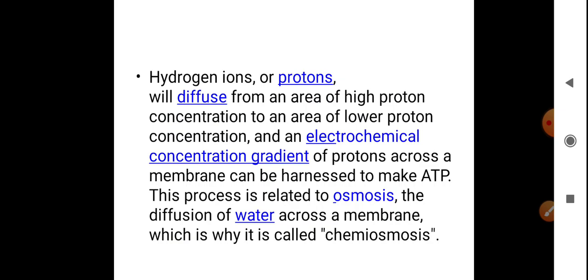This is the whole crux of the chemiosmotic hypothesis: a concentration gradient across the membrane can be used for the synthesis of ATP. This process is related to osmosis, the diffusion of water across a membrane, which is why it is called chemiosmosis.